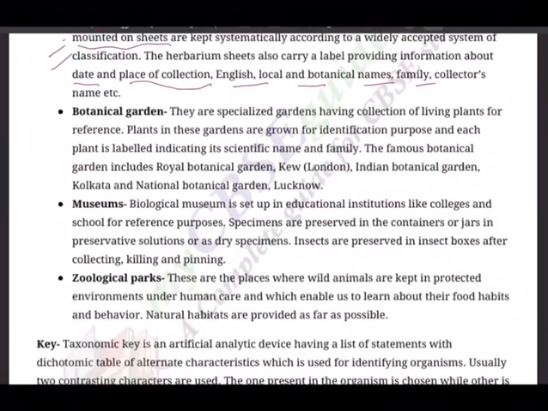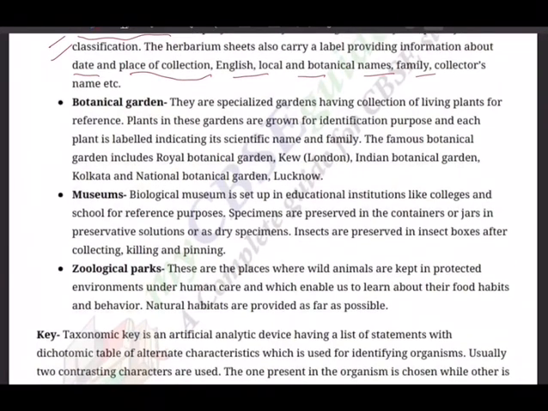And then botanical garden. I am sure whenever you go on a class trip, maybe now you are in 11th, last year 10th, and 9th, you must have gone to Mysore, Brindavan Gardens, a lot of botanical gardens, Hyderabad, I am sure you must have visited. So these are specialized gardens having a collection of living plants for reference.